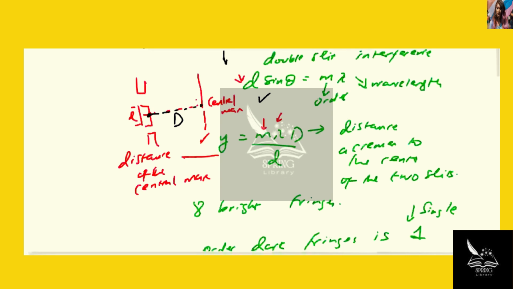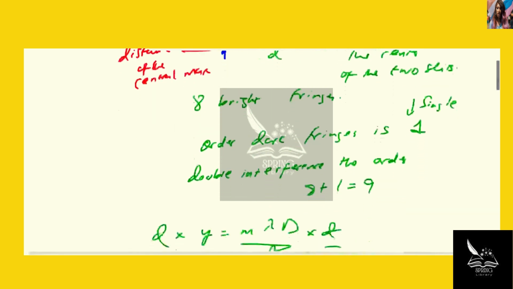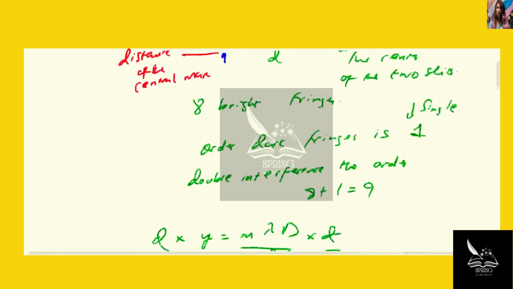And if I have interference going on like that, then obviously the distance between the fringe right there and the center is going to be my y. So that's the y you're dealing with, 8 bright fringes. So in terms of order, in a single slit the order is 1, but in double interference, the order is 9.